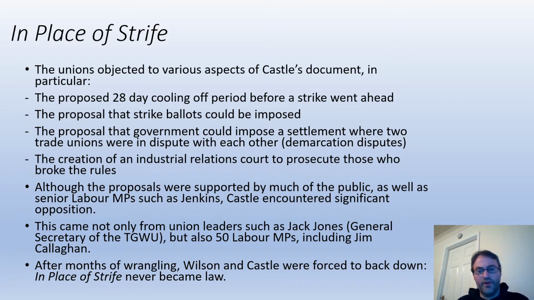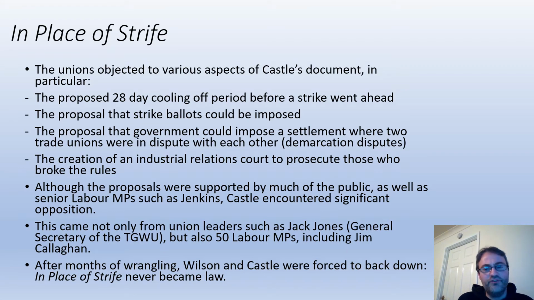The third proposal that is pretty controversial with the unions is with reference to what we call demarcation disputes. Now, a demarcation dispute is where two different trade unions in a workplace come into conflict with each other. It may be that one union represents one group of workers, one union represents a second group of workers, and it's a dispute over which group of workers is responsible for doing a particular job or task in the workplace.